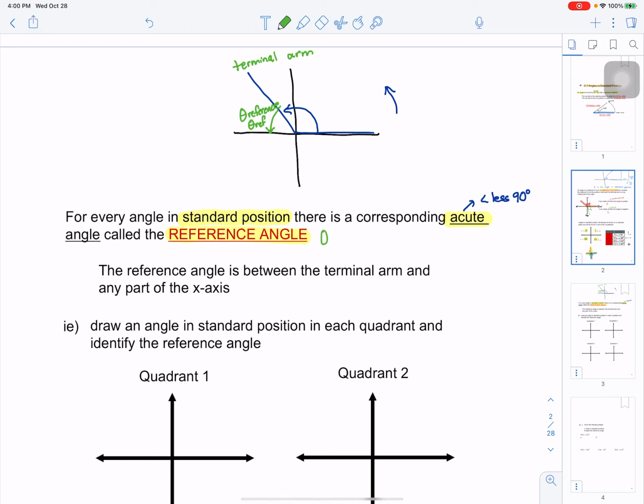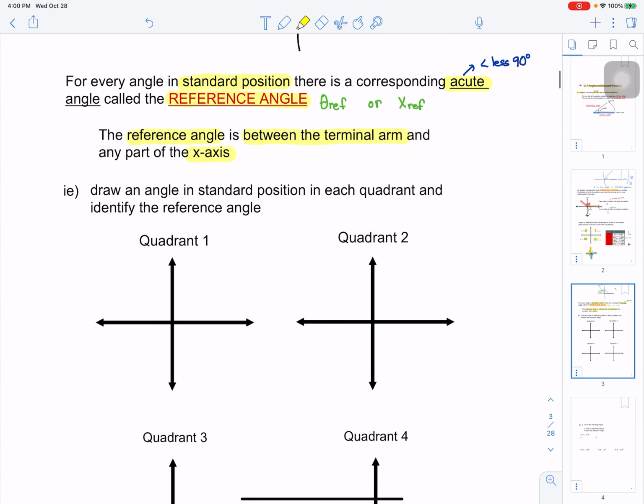Okay, so theta ref will be the notation I use for it, or if I'm using x as an angle, I can be talking about my x reference angle, and so forth. Again, the reference angle is always between the terminal arm and the x-axis, and you want to move to the closest x-axis so that you're forming an angle that's less than 90 degrees. So let's look at an example.